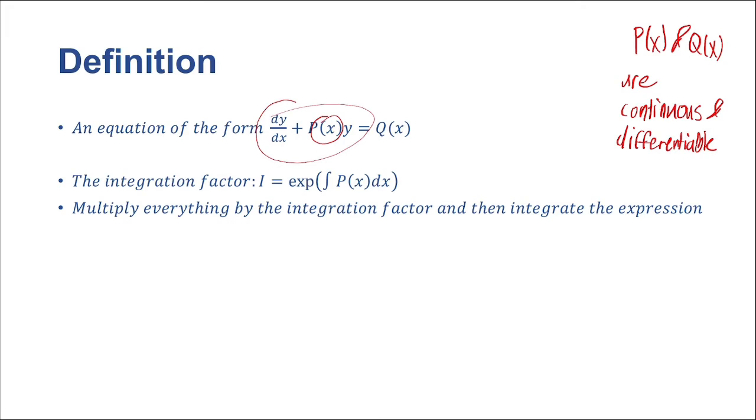When we multiply everything by the integration factor, what we are going to find is that this side of the equation is going to look a lot like the derivative of something using the product rule.